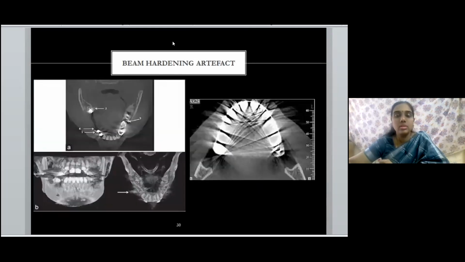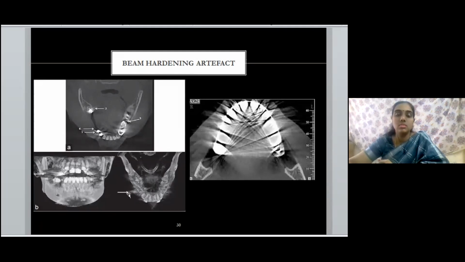The most important artifact is the beam hardening artifact, which is the most prominent artifact you see whenever you image a patient with metal restorations. Even with one or two restorations, or if the patient is wearing a bridge, you can see this beam hardening artifact. You can see this white arrow here in a 3D reconstructed image.